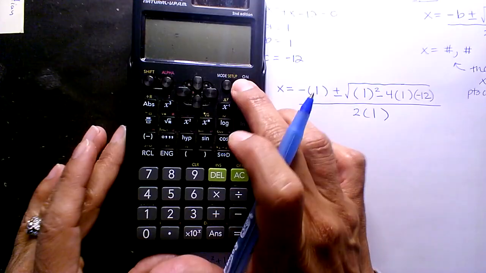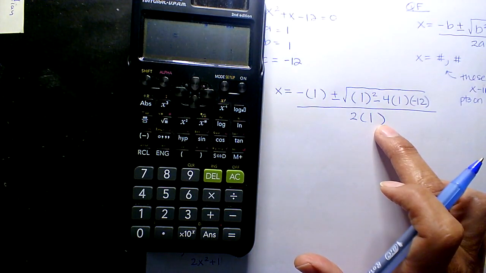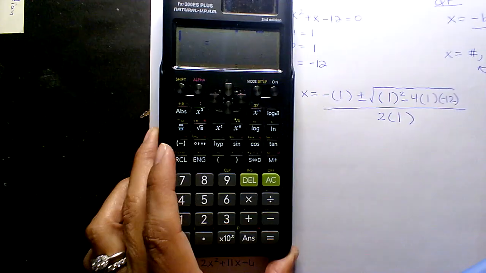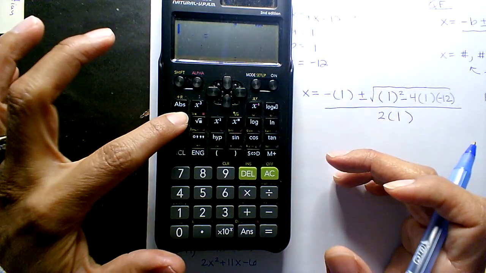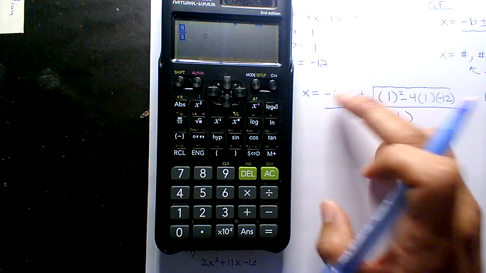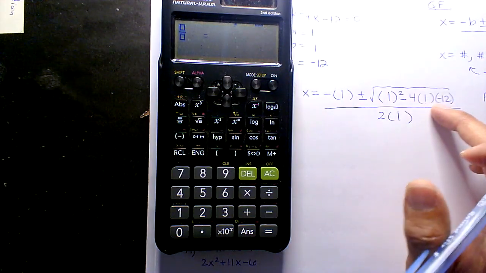Okay, so what happens is that you're gonna type this in. How do you type it in? Fraction bar, right? Because see how there's a big fraction?